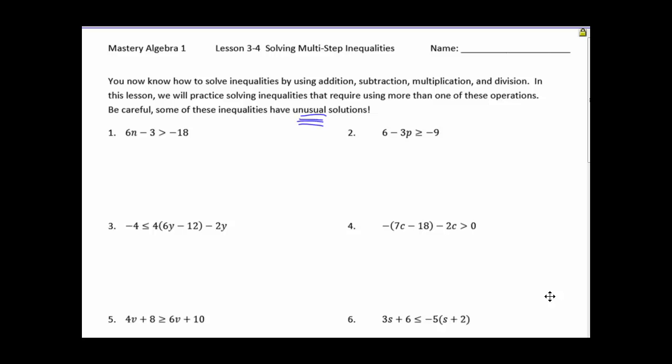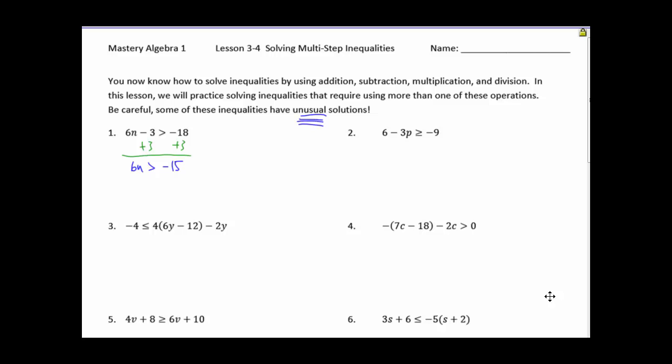So for number 1, we have 6n minus 3 is greater than negative 18. Okay, let's add 3 first. We're going to get 6n greater than negative 18 plus 3, which is negative 15.